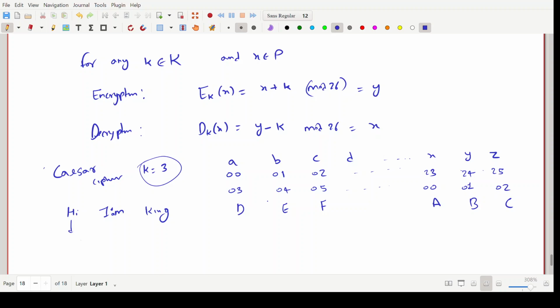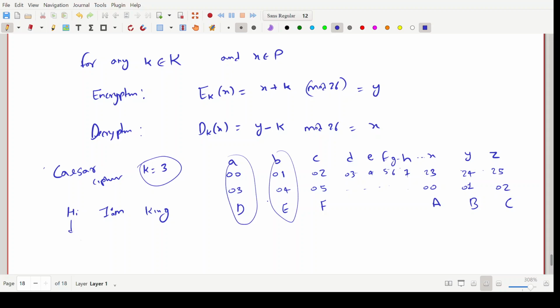This is the encryption you will be having. So if you see D, E, F, G, H, D is 3, 4, 5, 6, 7. So your value of H is 7, but if you encrypt it, you have to add 3. So 7 plus 3 gives the new value. First assign the values, then add 3 to each character. So it will be encrypted.